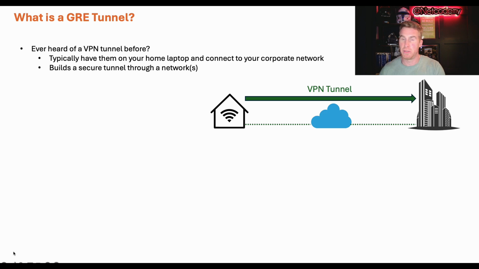VPNs will have a secure, authenticated tunnel that's typically running from something like your work laptop, over your Wi-Fi typically, and into the WAN over the internet until eventually it gets to an office location, a corporate branch location where the tunnels are terminated and the traffic comes out of it, and you get the resources and the applications that you actually need to do your day-to-day job.